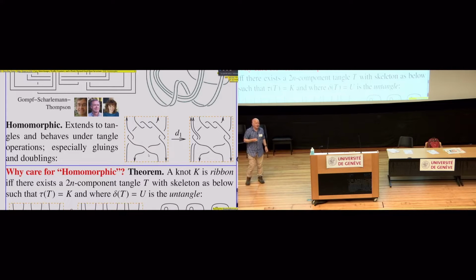It should extend to tangles, and it should behave well under tangle operations. So what are tangle operations? First of all, if you have two tangles, one drawn on this hand and one drawn on that hand, you can put the two hands side by side, maybe matching the fingers, and then you get a bigger tangle.